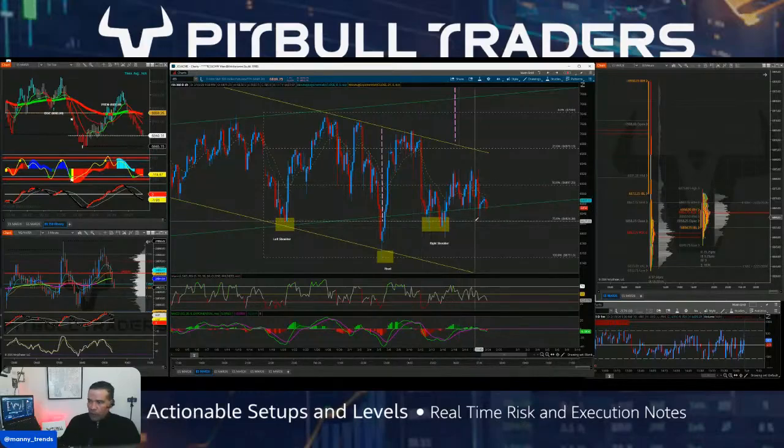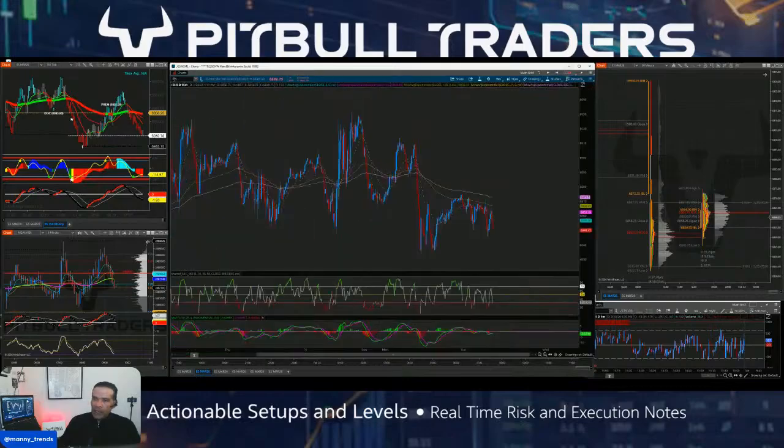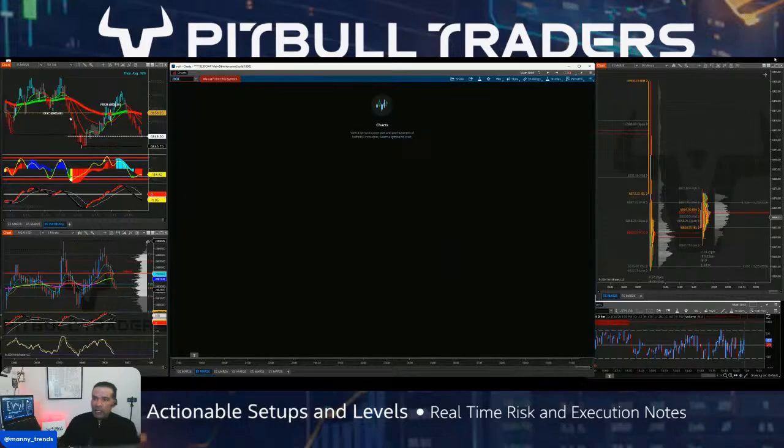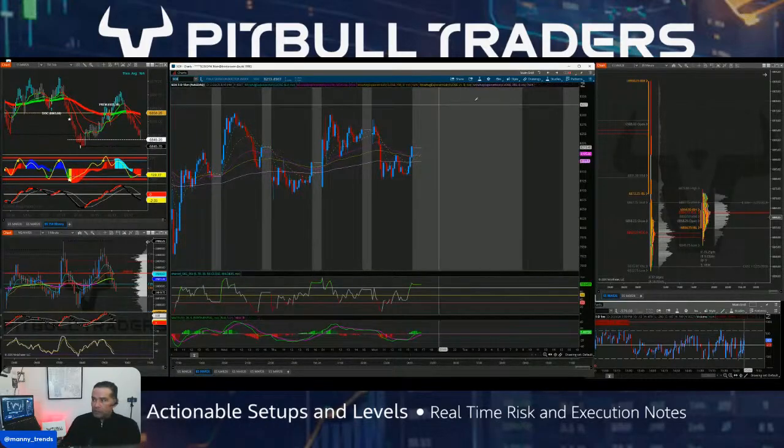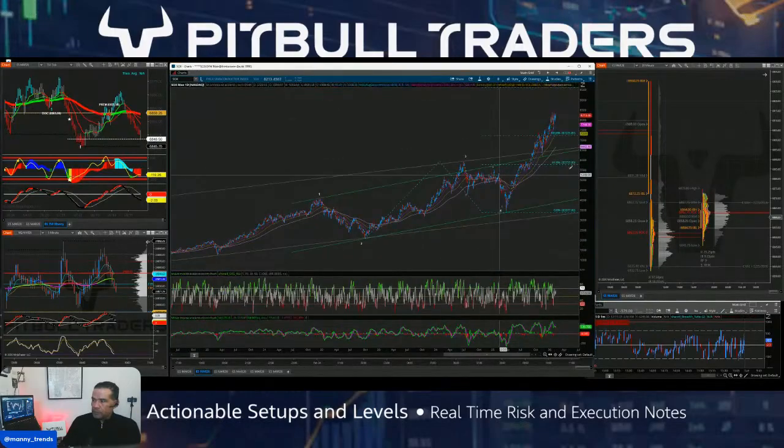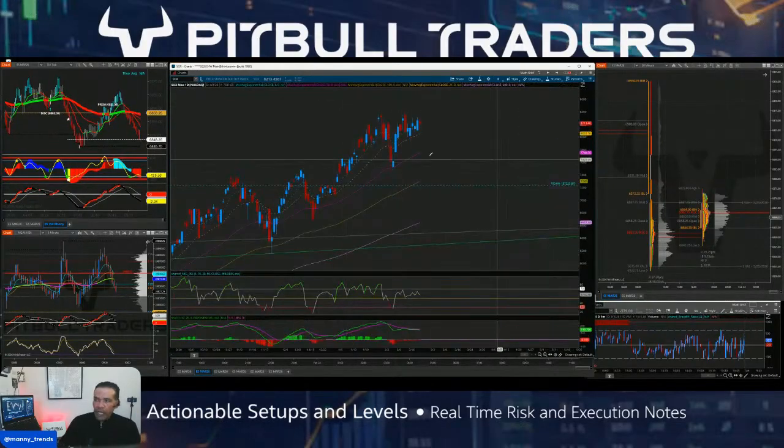All right, for the 4-hour chart, something really interesting here. So I think I have to show you this. Semis, let's see. Semis are bullish and they're above their fast period moving averages, right? Okay, so keep that in mind.